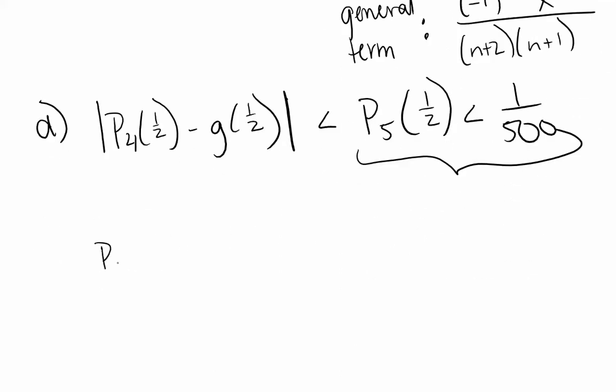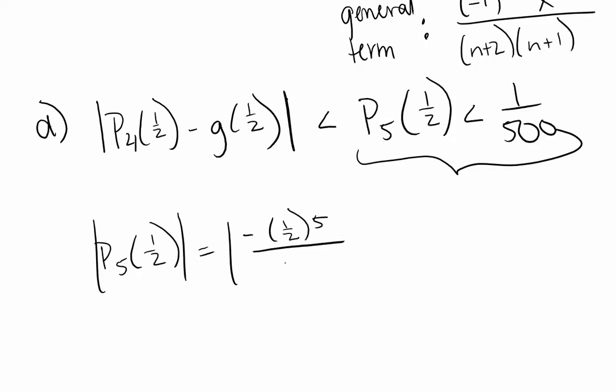So P5 of 1/2 equals, and we're doing the absolute value, the absolute value of -1/2 to the fifth over 20. And then 1/2 to the fifth is 1 over 32.